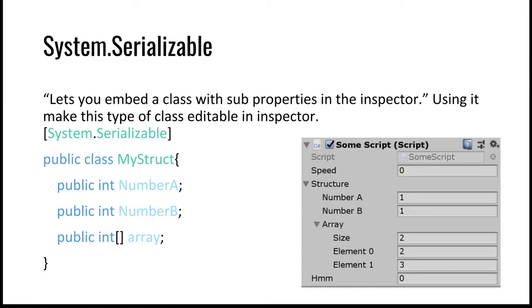The next thing we want to do, which is a little bit more advanced, is System.Serializable. So there's a couple of types that Unity can serialize by default, and you can see them in the editor. Some types, like classes or structs and stuff, are not going to be serialized by default, so you have to set them to be serializable.